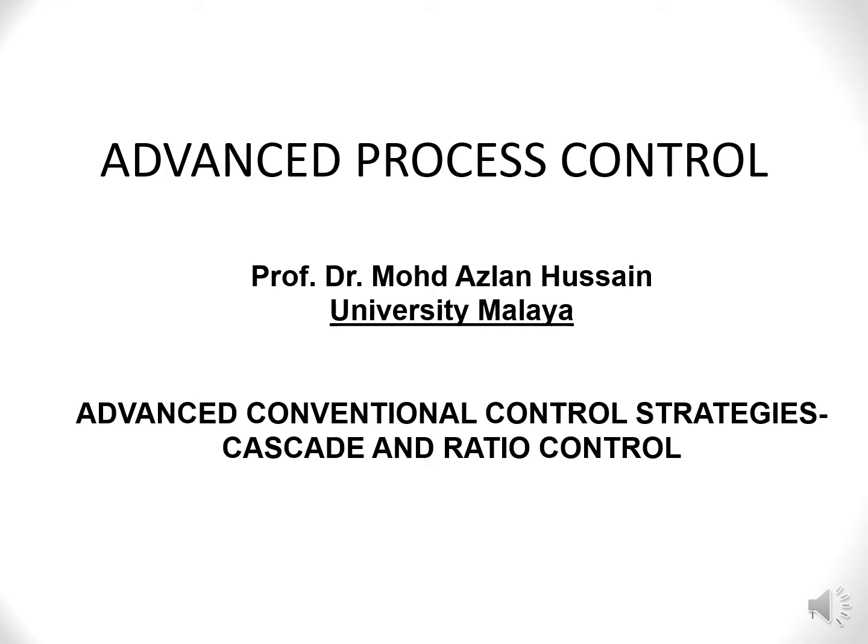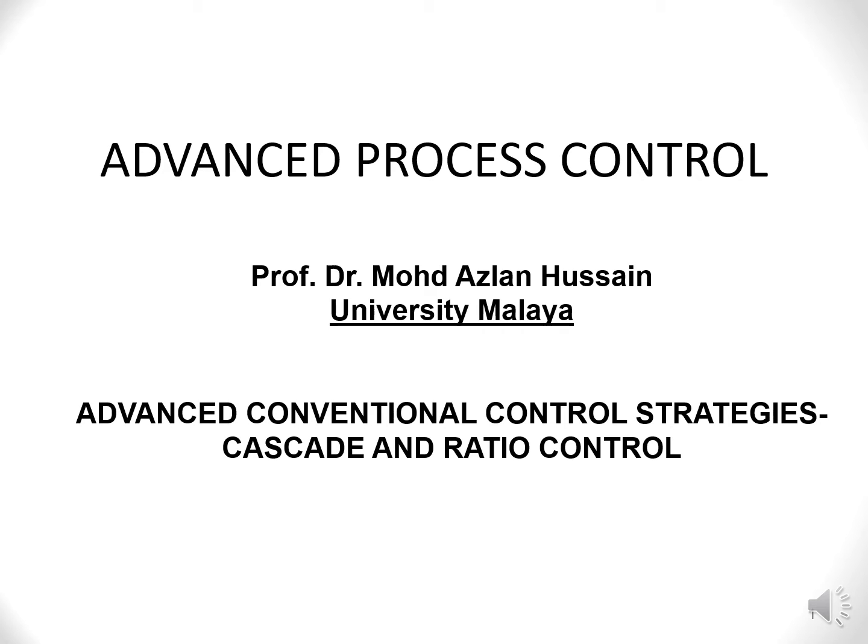But it is still under advanced control because from the definition we've given before, anything different from the PID control loop strategy, we call advanced control. Whether it be conventional or modern, it's still under advanced control because of the difference between the advanced conventional and advanced modern control strategies.